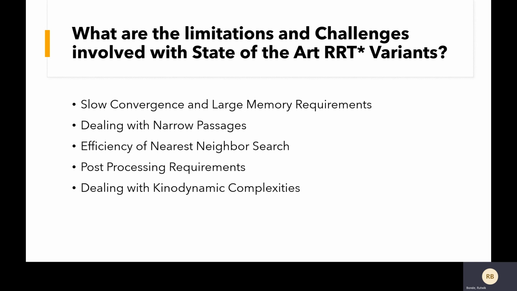As shown in this slide, here are some of the challenges involved in state-of-the-art RRT star variants: slow convergence and large memory requirements, dealing with narrow passages, efficiency of nearest neighbor search, post-processing requirements, and dealing with kinodynamic complexities. Now, each of these points will be explained in detail in further slides.